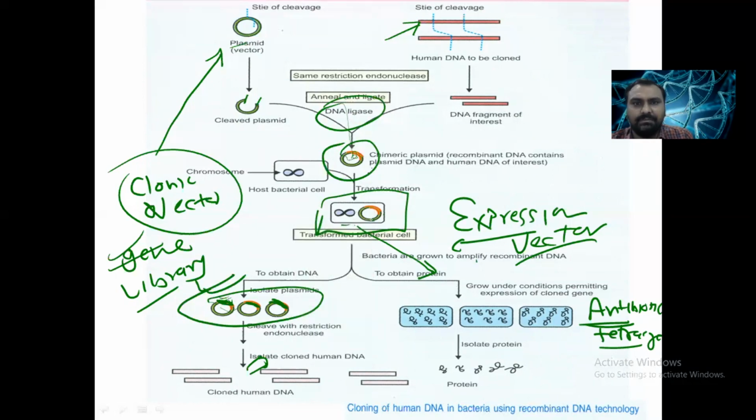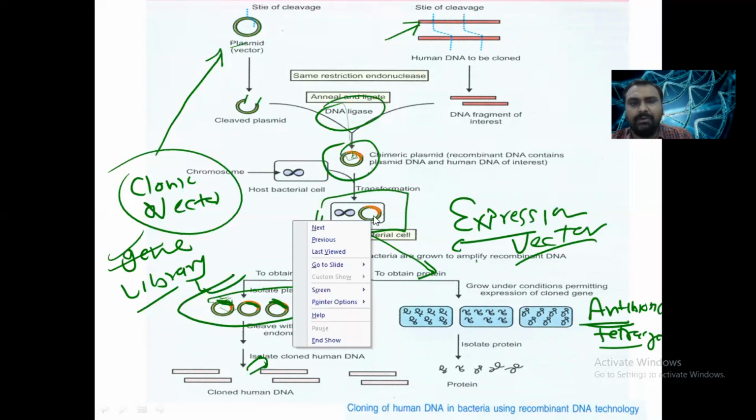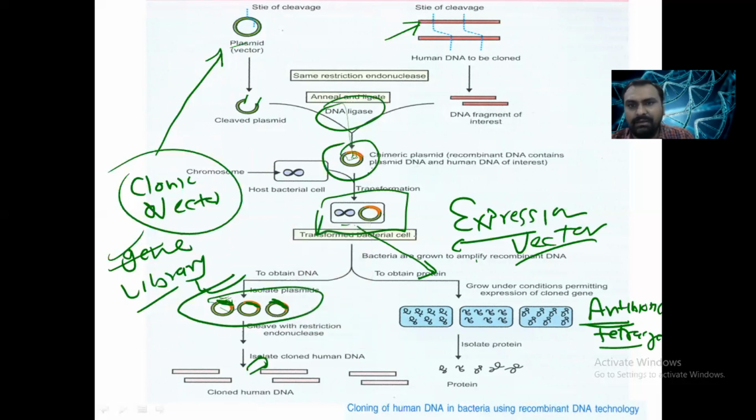So only if the plasmid contains the gene of interest, plus additionally the antibiotic resistance gene, will it resist inhibition by the tetracycline.